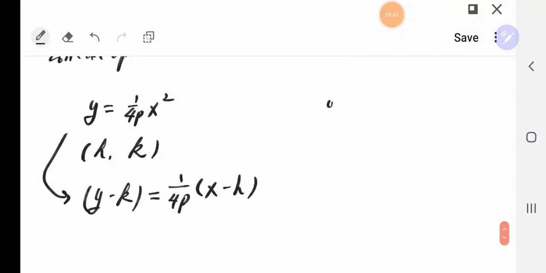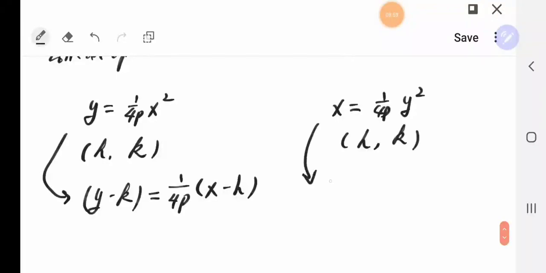Okay, if the equation starts with x, then the graph opens toward the right or to the left. Then you can shift this one horizontally and vertically. Then the new equation will be x minus h is equal to 1 over 4p times, replace y with y minus k.